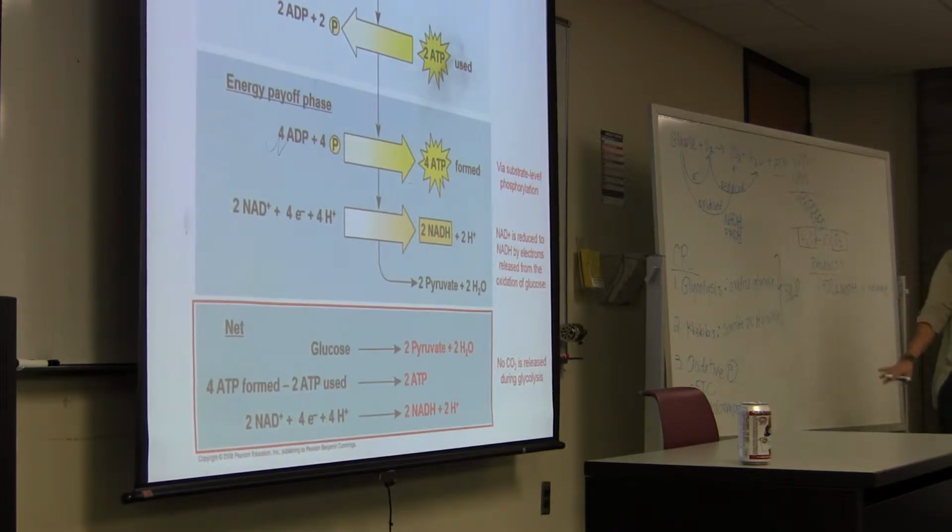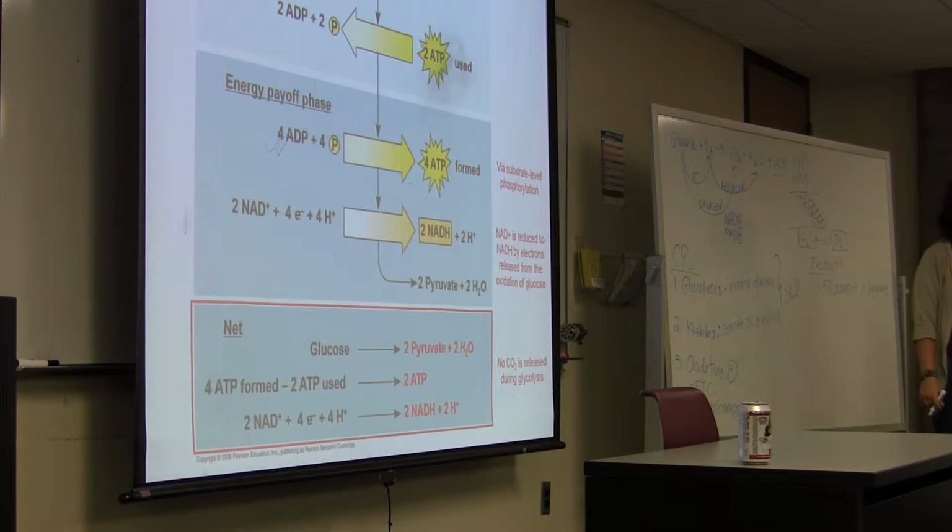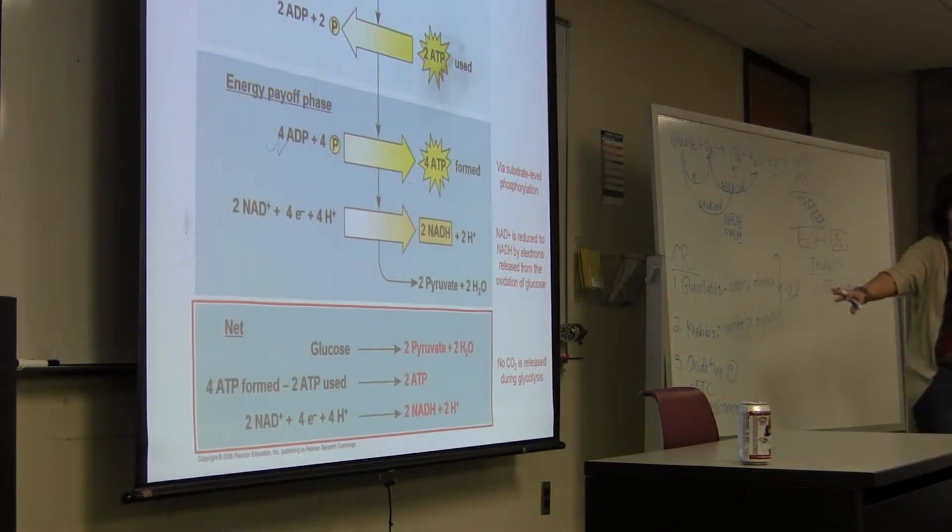For each one of these processes that we're going to talk about, technically this is a 12-step cycle. It's got 12 different enzymes and 12 different intermediates. It's extremely complicated, and I'm not going to make you memorize that because I'm not mean like that. But for each one of these processes, you need to know what the starting products are, and you need to know what the end products are.